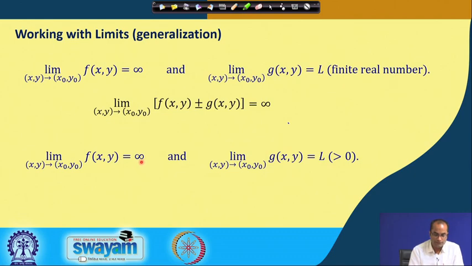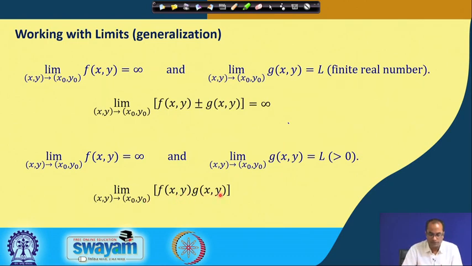Second, if we have infinity and this limit L is positive, in this case we can go for the product rule. So, the limit as (x, y) goes to (x0, y0) of f(x, y) times g(x, y) will be equal to, because L is positive, so the sign will not change, plus infinity.